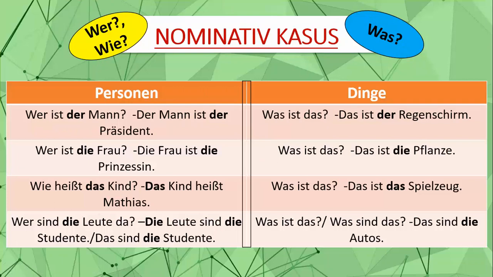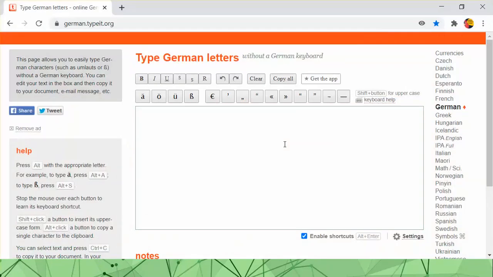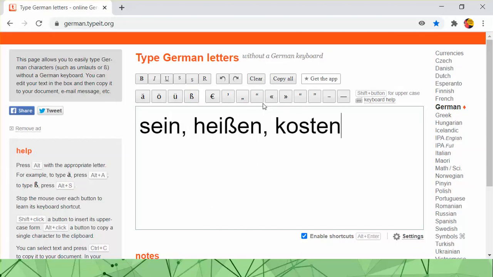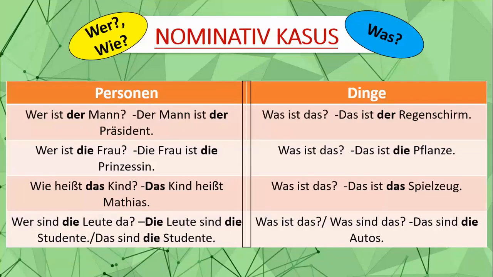Then the other way to recognize that the nominative case is being used is to note that some verbs use this case always, and those verbs are sein, which you saw in these examples, heißen, also you saw an example here, and the verb kosten, to cost, which you have seen in my previous furniture tutorial, and some other verbs which I will show you in a later tutorial.